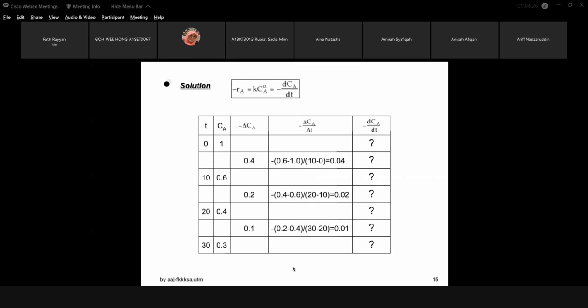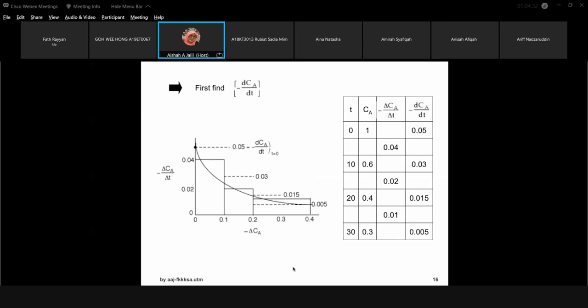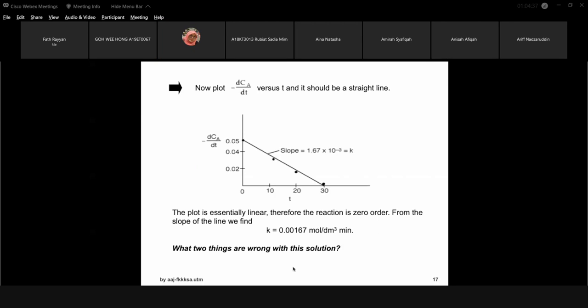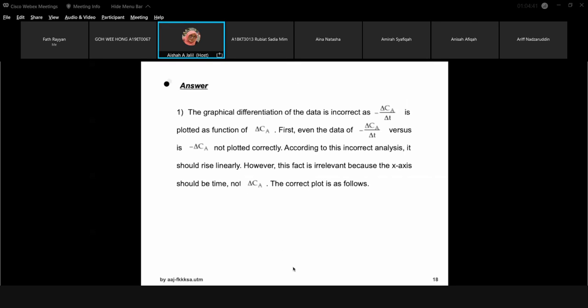Hello, one. Is their method correct? Is the method correct? Nobody answers. The two things that are wrong: one, they said, the graphical differentiation of the data is incorrect. The dCA per dt is plotted as a function of delta CA, not versus t.